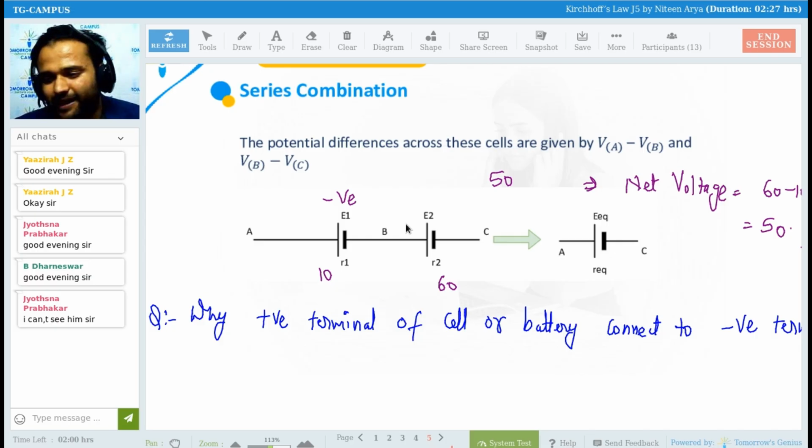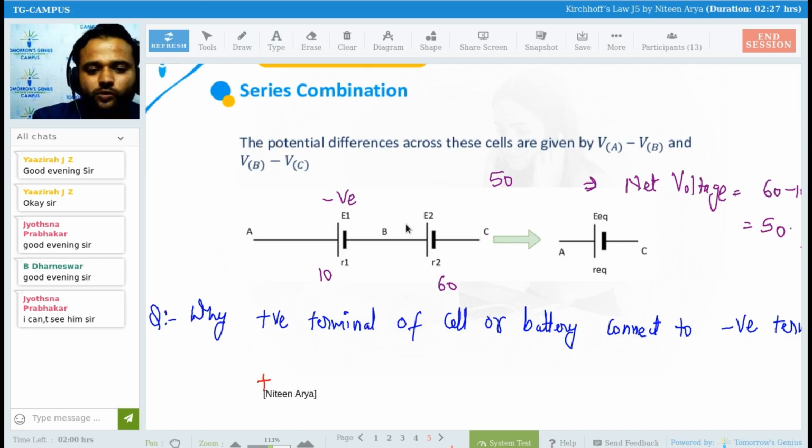We also add cells to get less voltage, but normally that is not going to happen. In general, most of the time we add a number of instruments or cells or batteries to get more voltage. Clear?